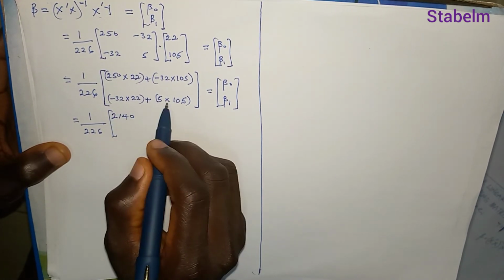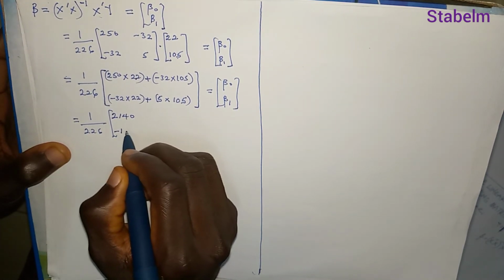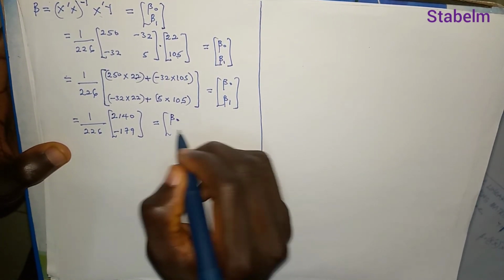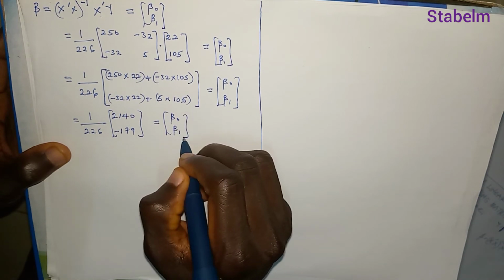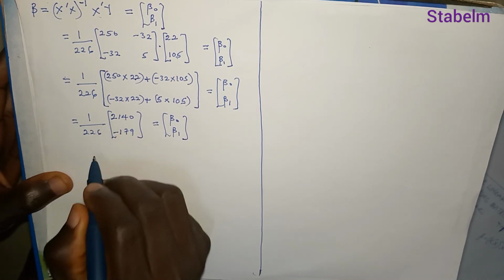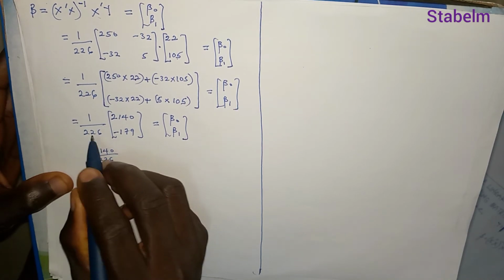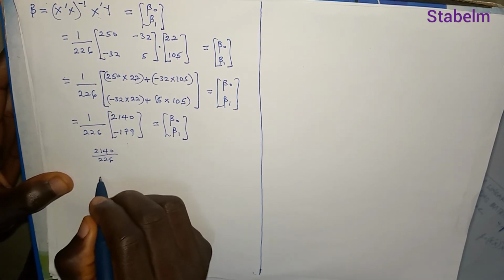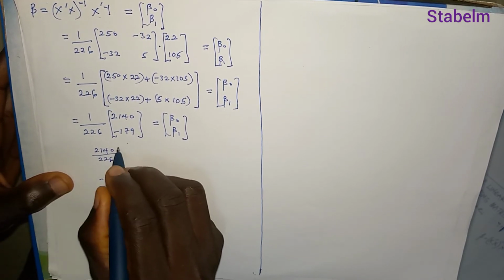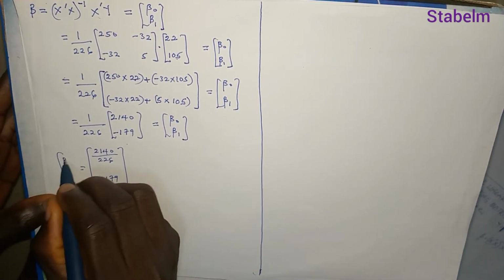Then the second row, this multiplied by this, is going to give us minus 179, equals beta naught, beta 1. So dividing this by this will give us the last value: 2140 divided by 226, because this is going to affect both here, then minus 179 divided by 226.